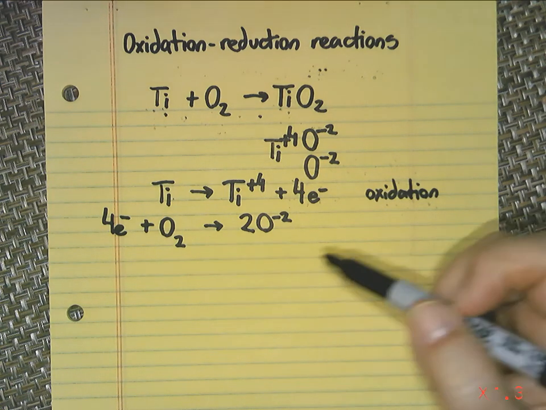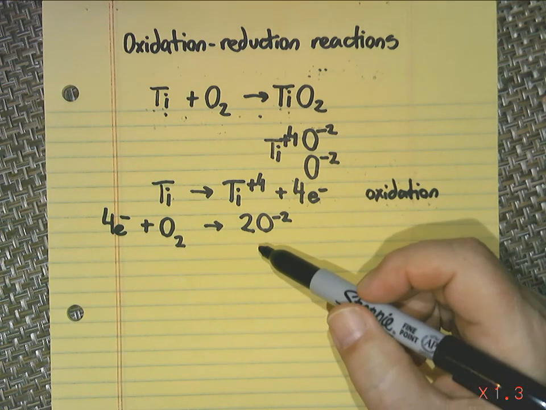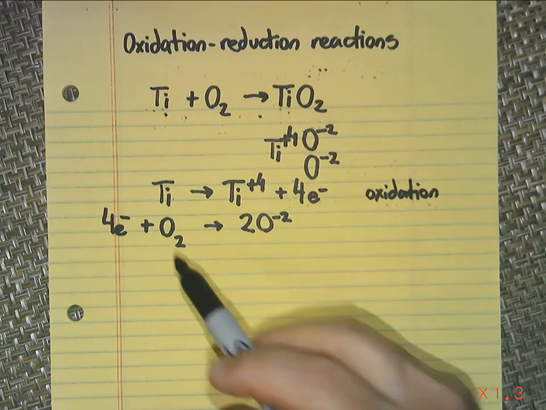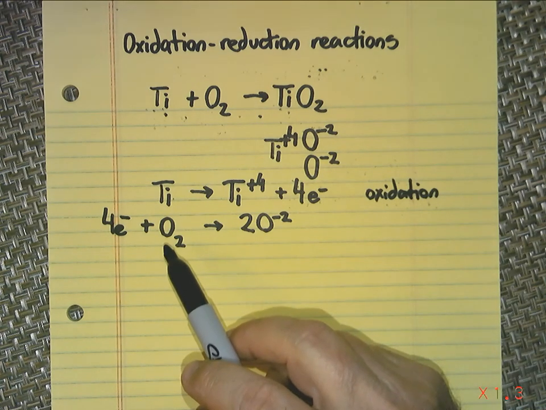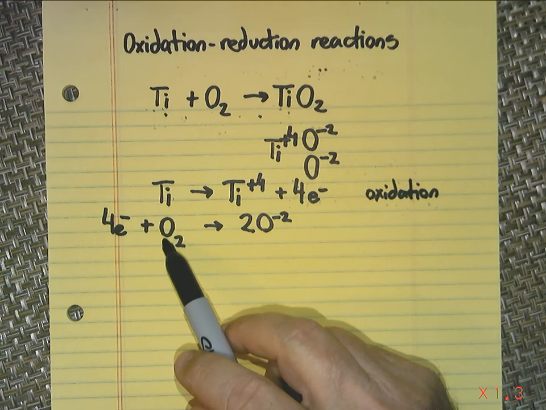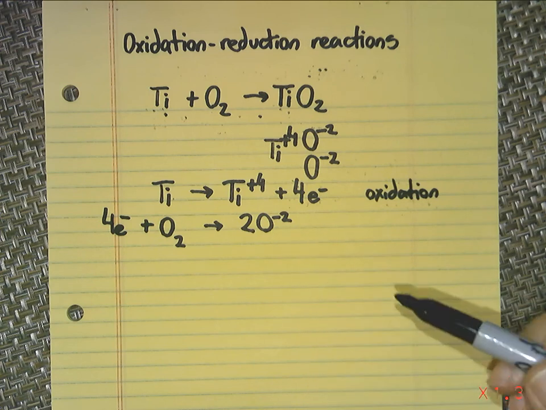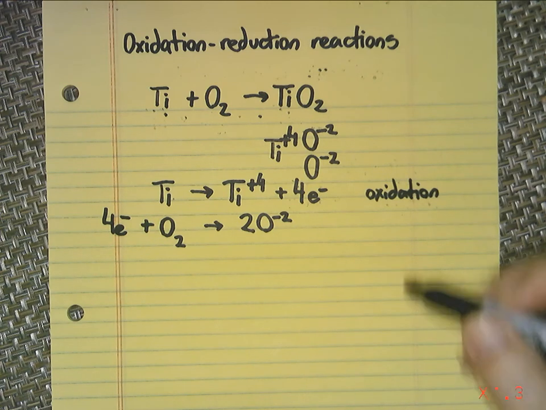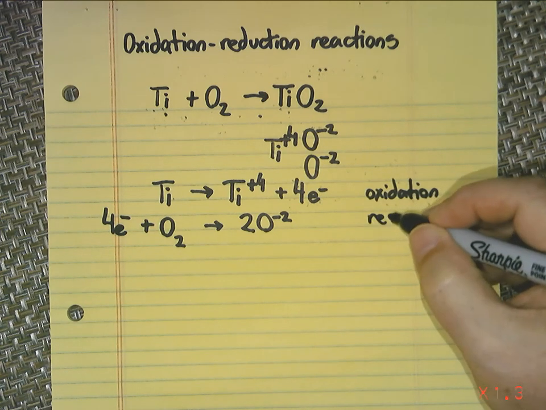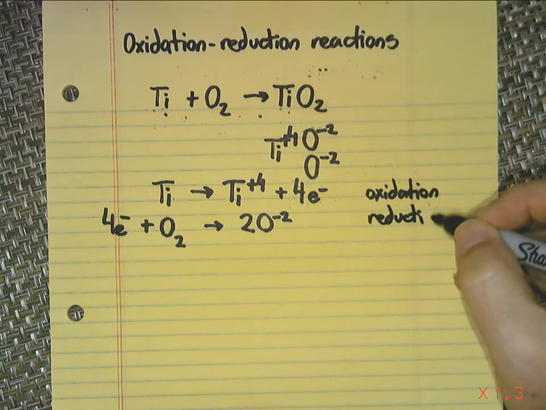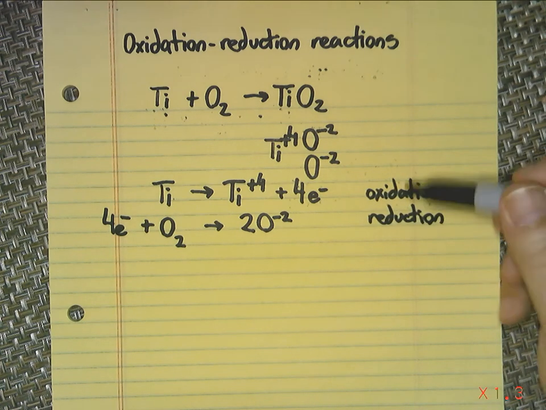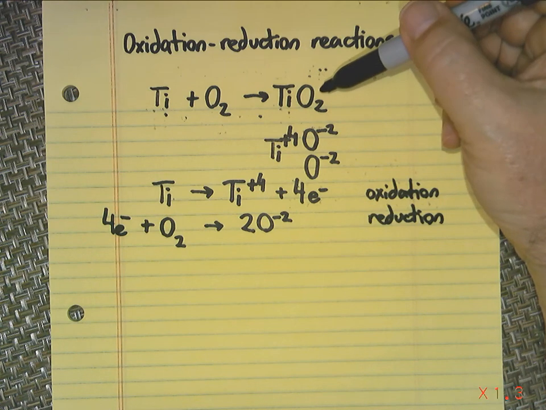Now, this second reaction is called a reduction reaction, and that name comes from the charge. If you look at the charge on each oxygen atom in here, it's 0, and it goes to -2. So the charge is being reduced. So they call this a reduction reaction. When you put them both together, you get an oxidation-reduction reaction.